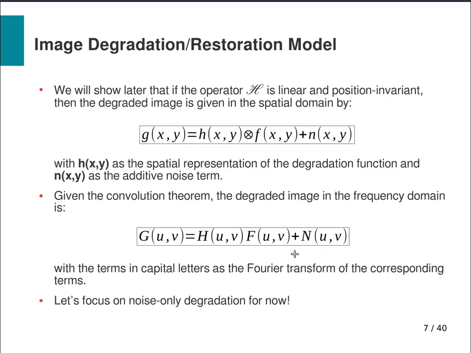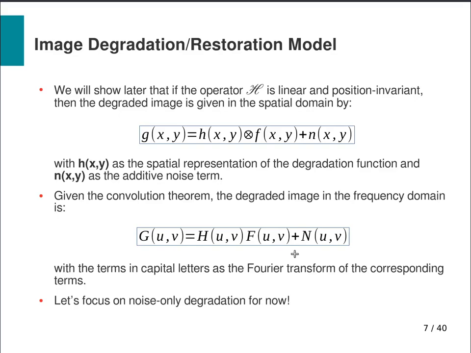Each one of these terms is the Fourier transform of the corresponding term in the spatial domain. And here we also use the convolution theorem, which specifies that convolution in the spatial domain is equivalent to multiplication in the frequency domain and vice versa.